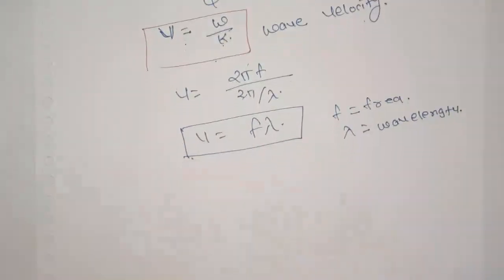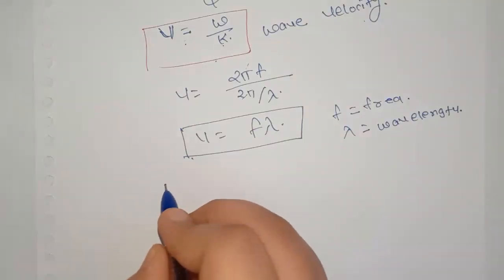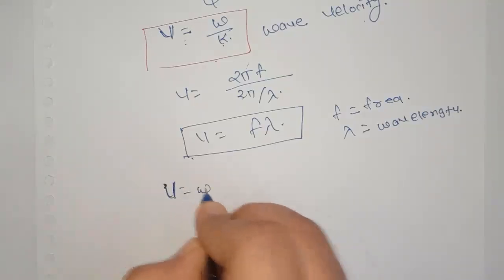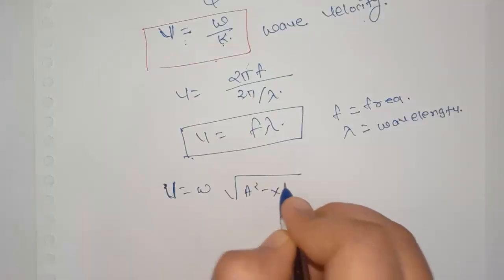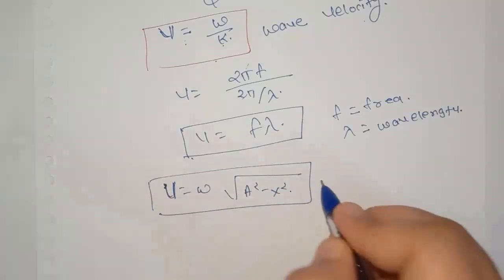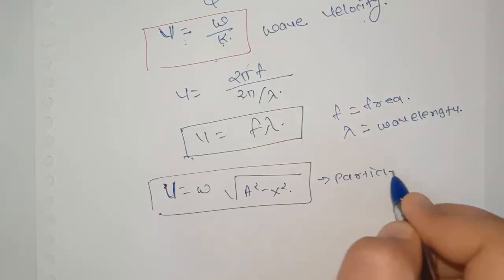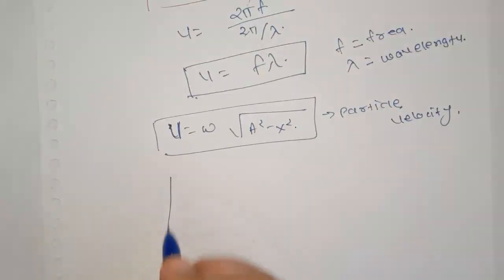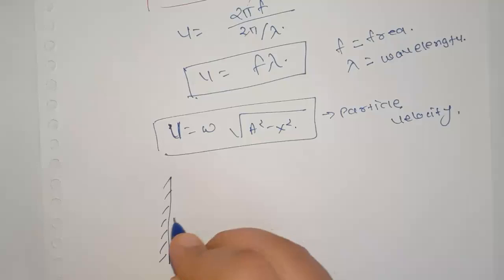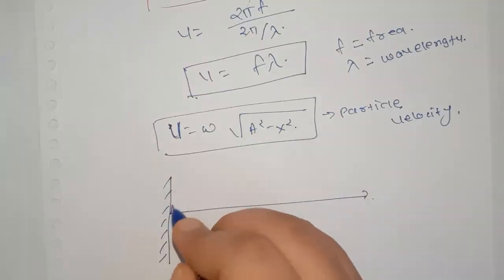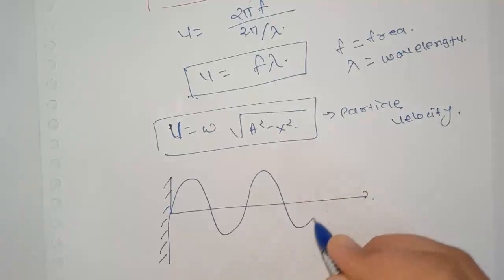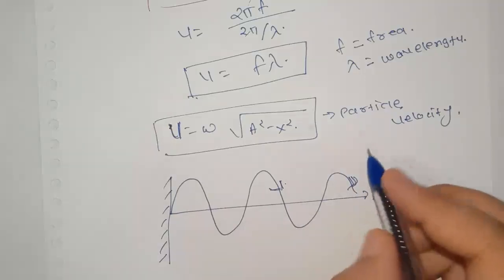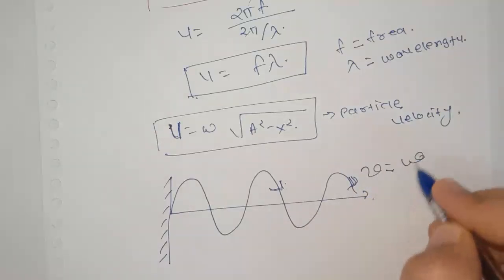Here remember, this v equals omega by k is the wave velocity, and the equation that we have seen in the previous chapter, v equals omega under root a square minus x square, is the particle velocity. For example, we are considering a wave on a stretched string. This wave is traveling in this direction with speed v equals omega by k.